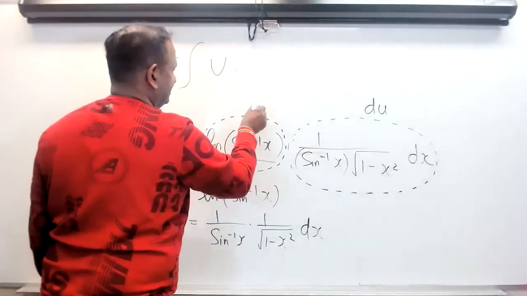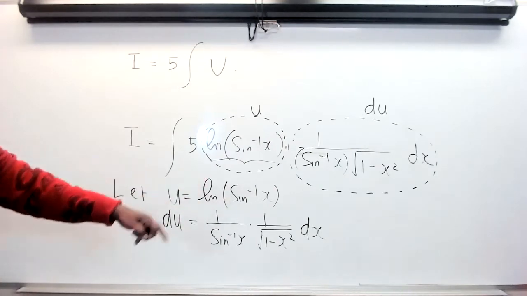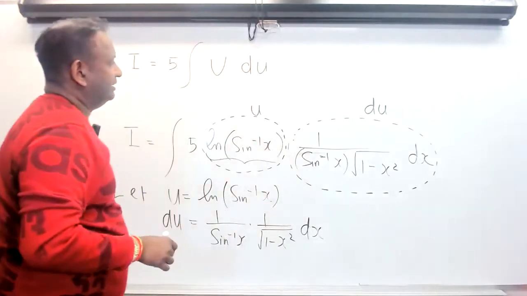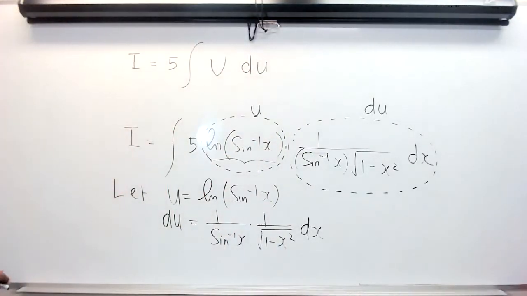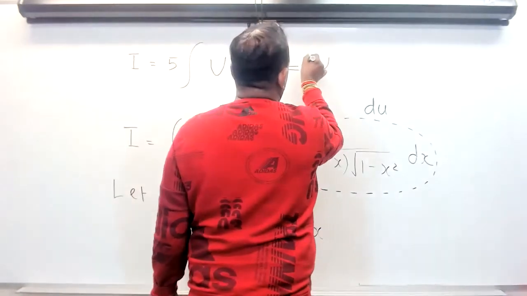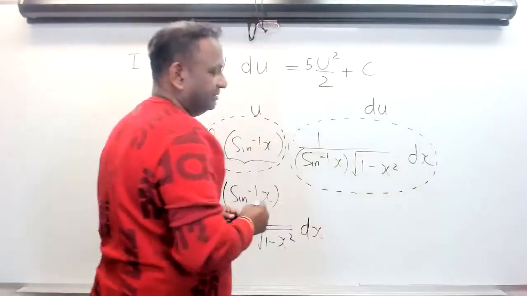Very easy. See, du means that whole thing. So this is just simply du. You can end up with a very easy integral. And this means nothing but we have a 5 already, u squared over 2 plus c. That's it.